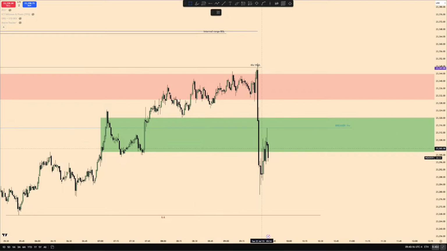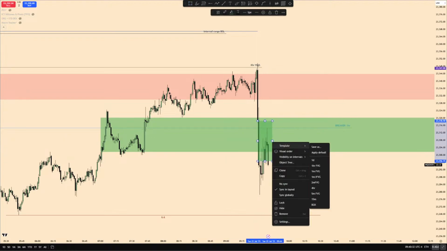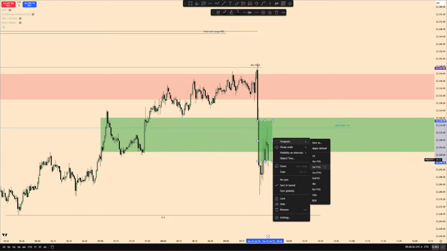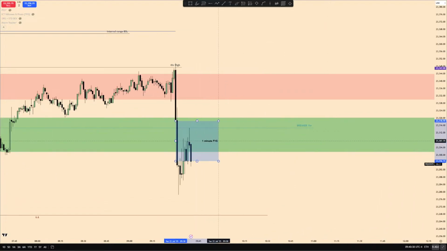Okay, so we trade back into this lower imbalance from the 9:30 opening price. Or no, sorry, the 9:30 candle, then the 9:31 candle forms this. So this is your first percentage fair value. It's a big one. So we will watch this.